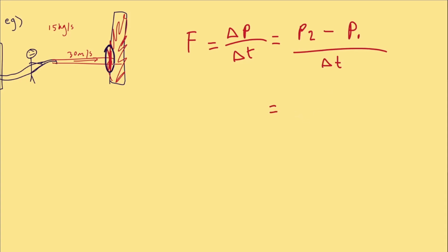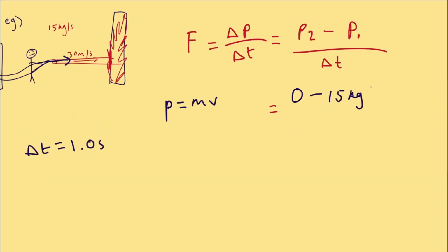The final momentum is 0 because the water gets stopped. Well, what's the initial momentum? We know that momentum is mass times velocity, but we're not given an explicit mass, we're only given the fact that every second that passes, 15 kilos of water leaves the hose. So let's use this as our time interval, 1 second, and this as our mass.